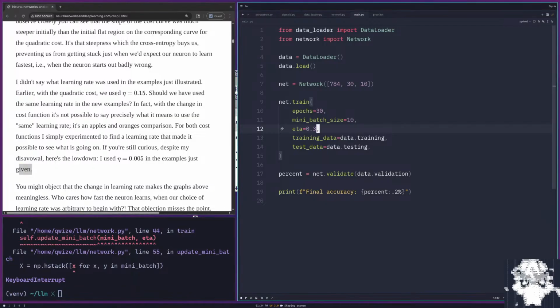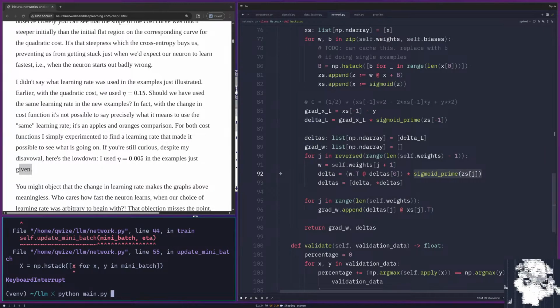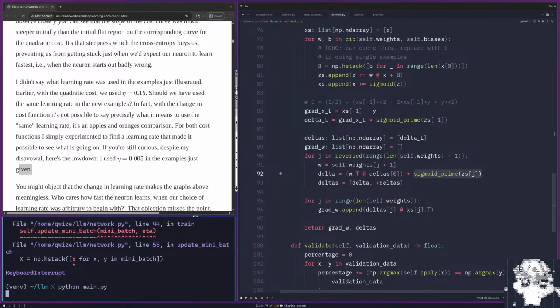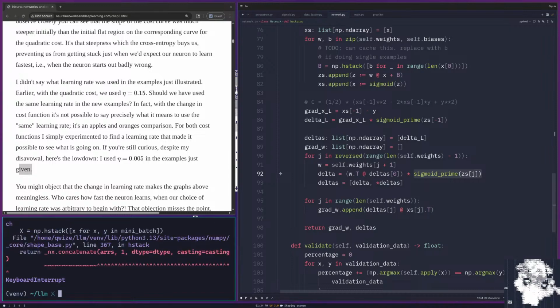It still doesn't seem better than the non-cross entropy version with an eta of 3, which was this. It jumps directly to 90, I think, and then stays, yeah, and goes up to 95. So maybe there's something else we could tweak, but I don't know, we'll see.